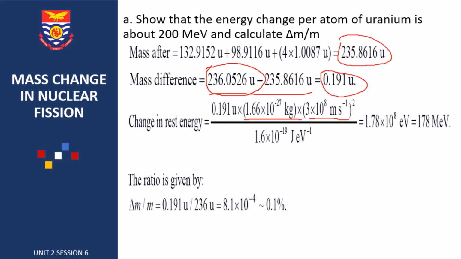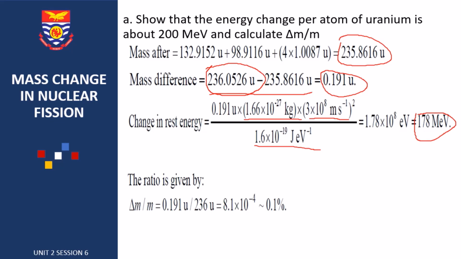But at the same time, we need to calculate our energy in mega electrovolts. So we will divide the resulting answer by 1.6 times 10 to the power negative 19 joule per electrovolt, and that will leave our answer in mega electrovolts. So when you do your calculations very well, you realize that you will get 178 mega electrovolts, which is almost 200 mega electrovolts.